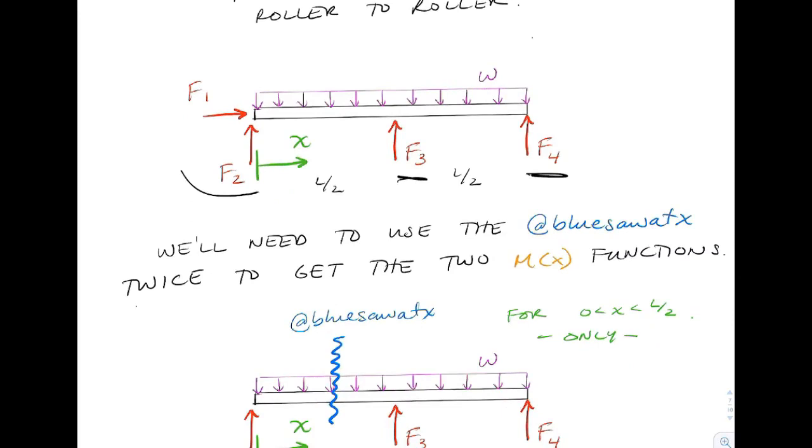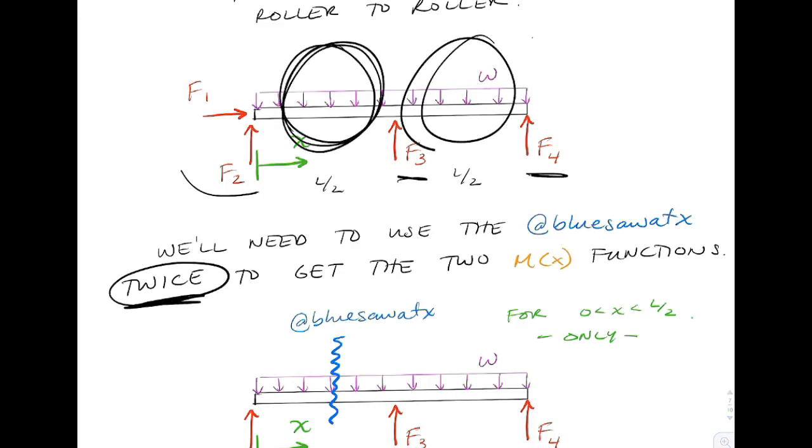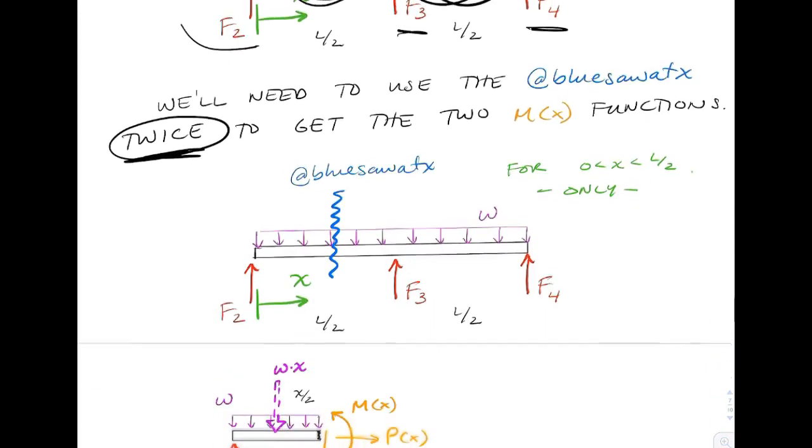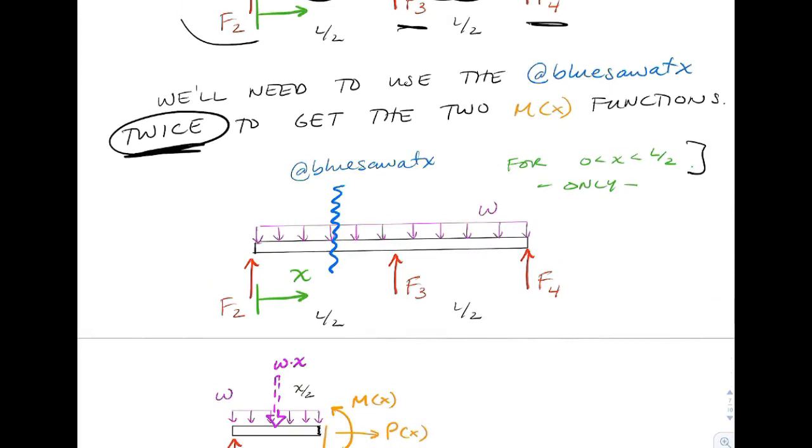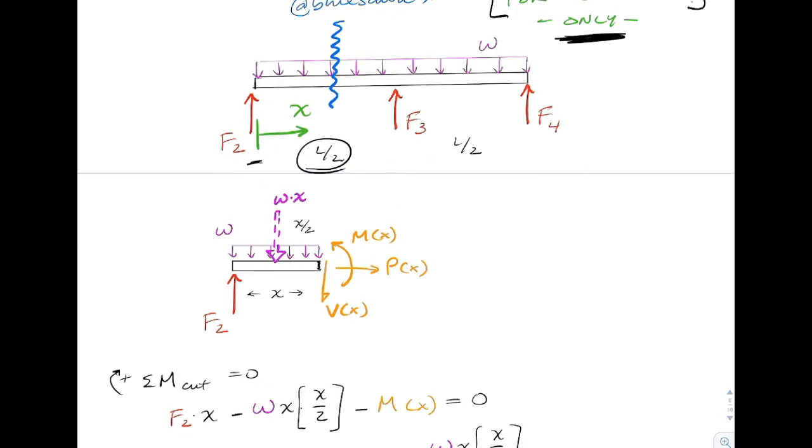As we had said, we're going to need to use it twice, once in this region and then separately over there in that region. So for x from 0 to L over 2 only, I'm going to cut this and solve the free body diagram.